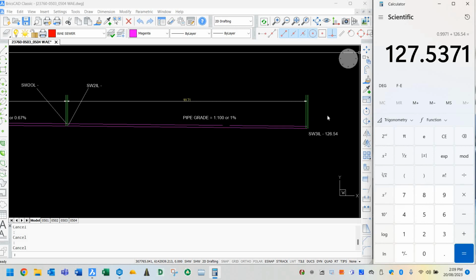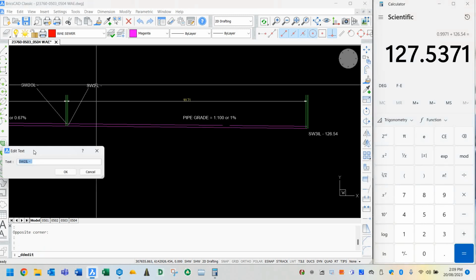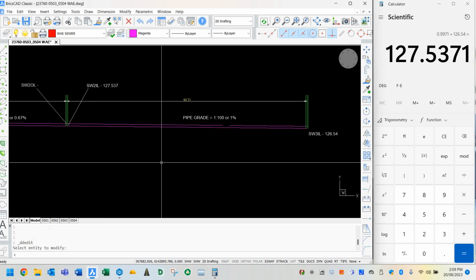Enter. So our invert level at SW2 is 127.537. We'll note that down so we don't forget it: 127.537.